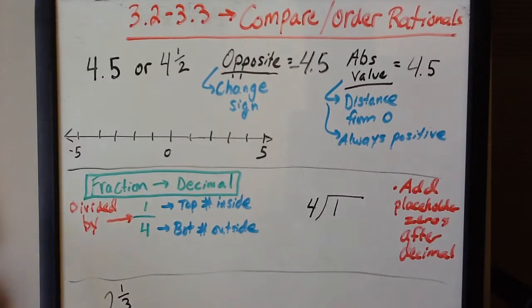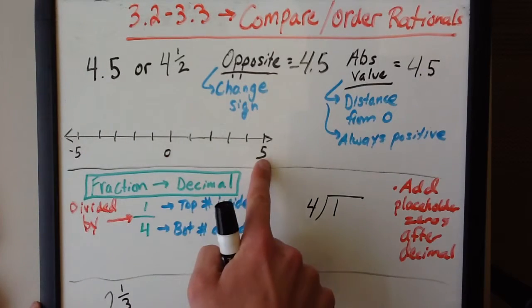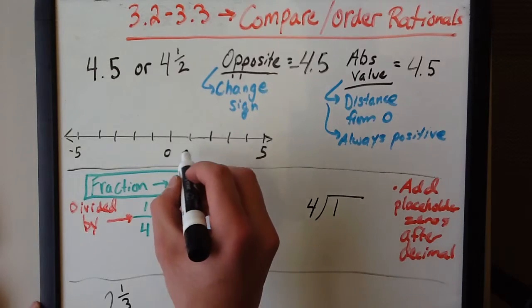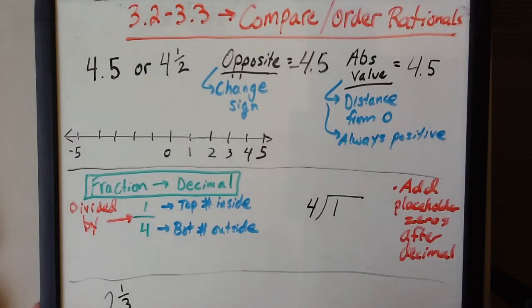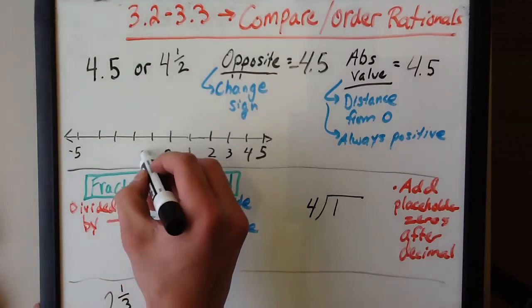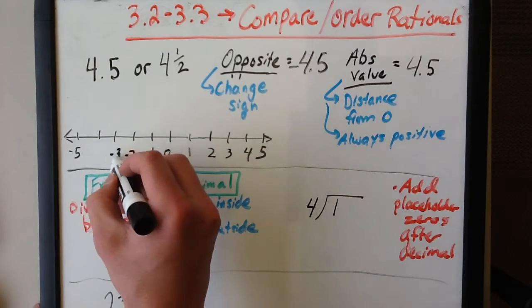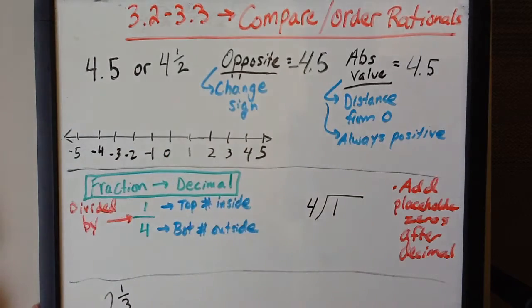Now let's graph this number and its opposite. So if the number is 4.5, and here's my number line, here's 5, so it must be going up by 1. This must be 1, 2, 3, 4. And in the other direction, to the left of 0, I have negative 1, negative 2, negative 3, negative 4, negative 5.